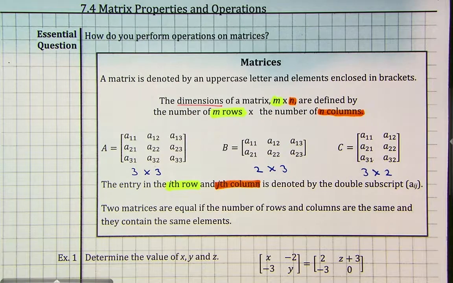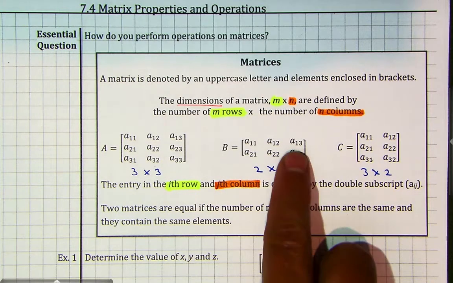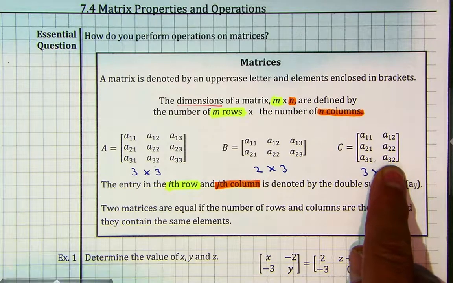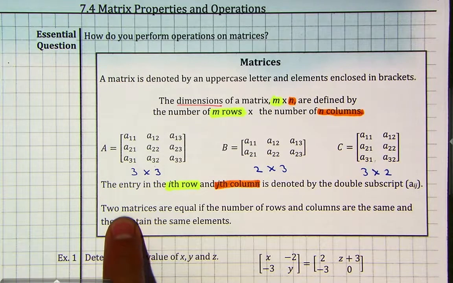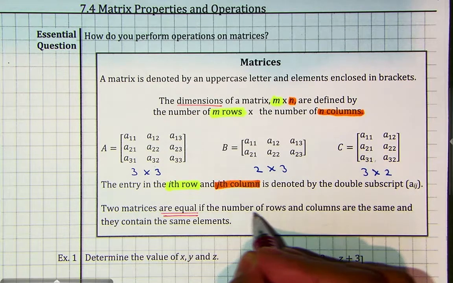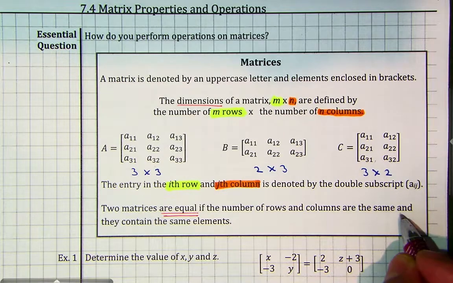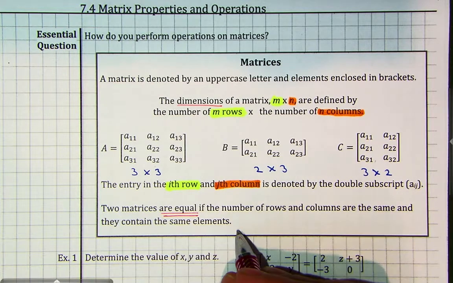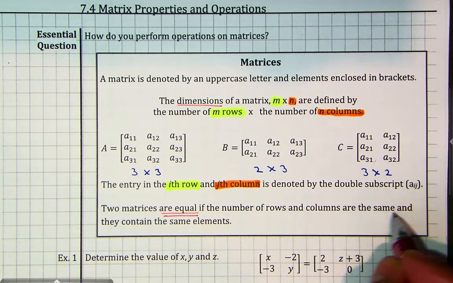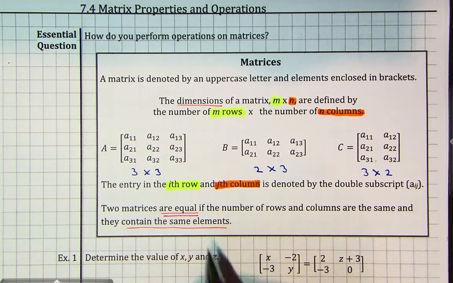So each of those components has its own location, and that's denoted by the subscript. And lastly, two matrices are equal if the number of rows and the number of columns are the same and they contain the same elements. So they must be the same dimension, but they also must contain the same elements.